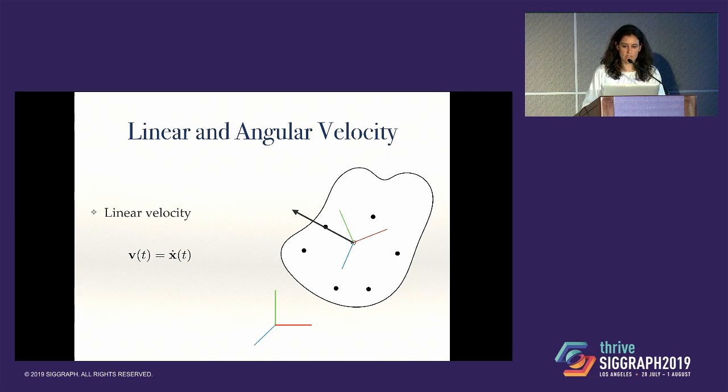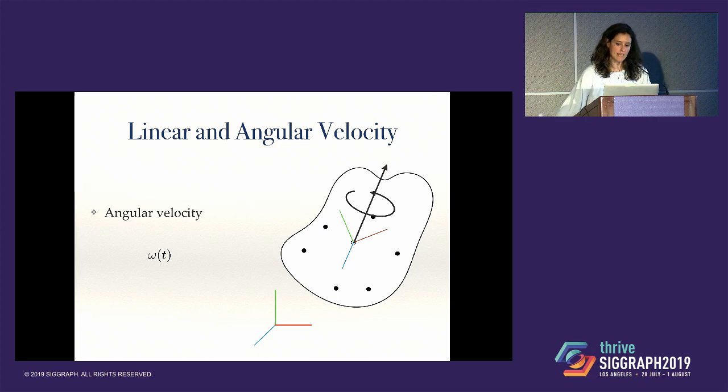So this is its linear velocity, and that's the way that my object is just traveling through space. So it's just doing this, there's no rotation. For example, in this object, that's the linear velocity. And then we also have an angular velocity, and that represents the rotation of the object about its own center of mass. So it can be translating through space and rotating at the same time. And I can capture both of those as linear velocity and angular velocity.